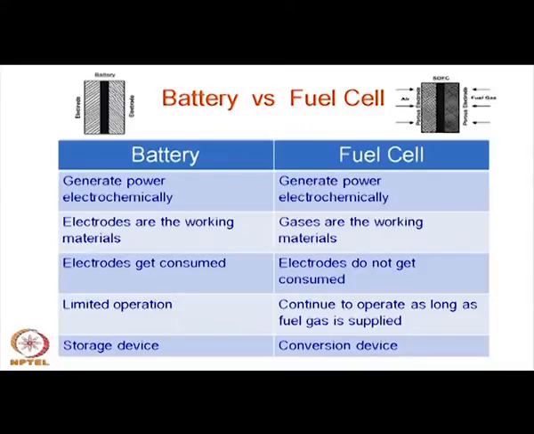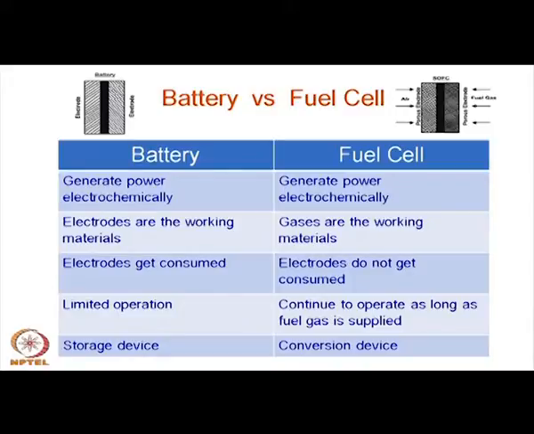Electrodes in a battery are working materials, in the sense that the electrode itself is the source of the energy. Certain chemicals or metals are used as the electrodes here.